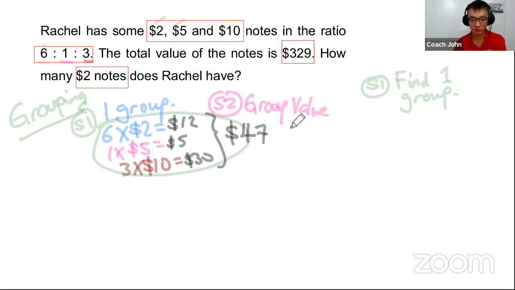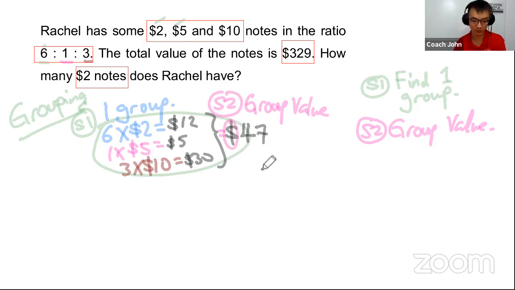For those who are still around, you'll benefit a lot from here. So step 2 is find your group value, which is the value of one group. In this case it is $47.